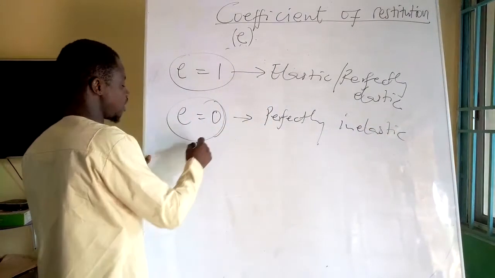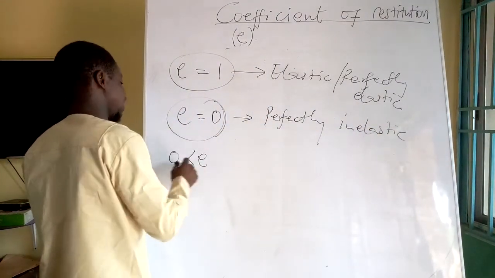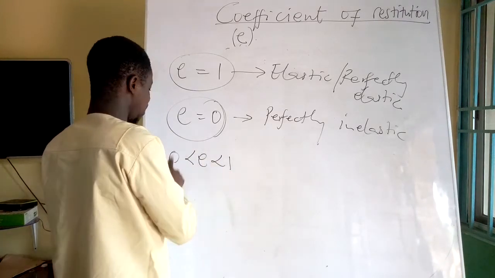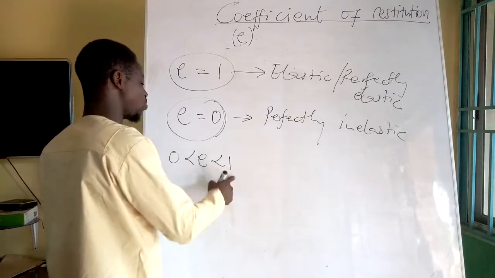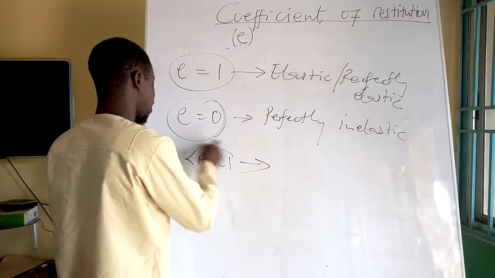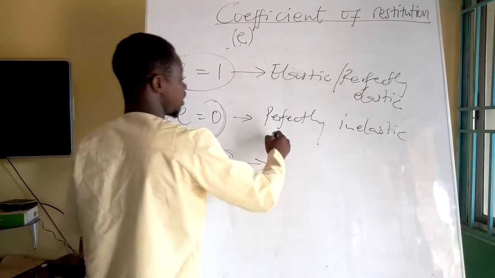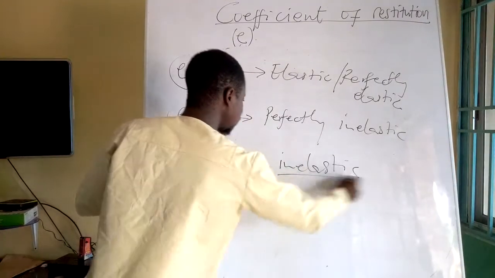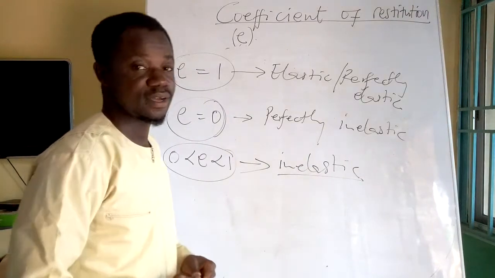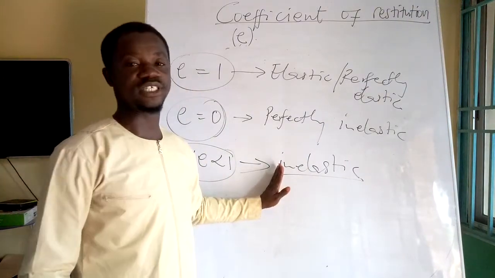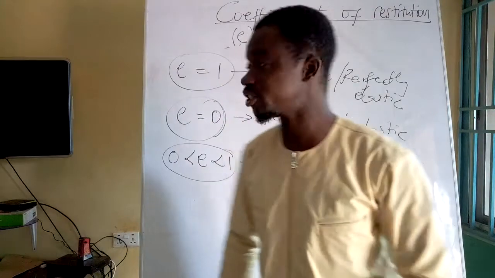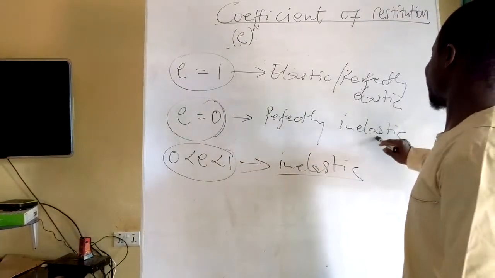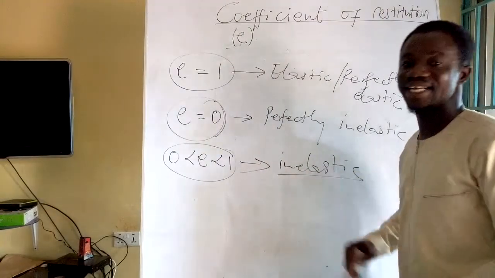And then when the coefficient of restitution is greater than 0 and less than 1, with 0 and 1 exclusive, then the collision is inelastic. So this gives us the three types of collision that we have: elastic collision, perfectly inelastic collision, and then inelastic collision.